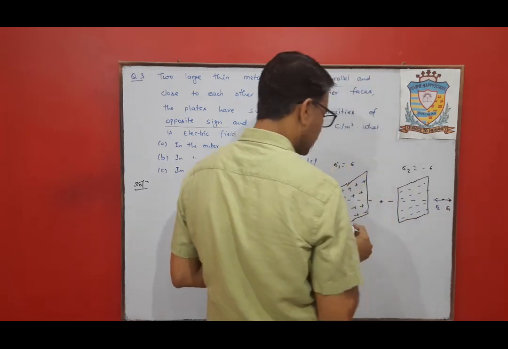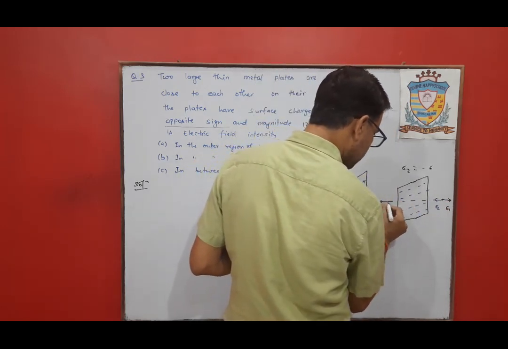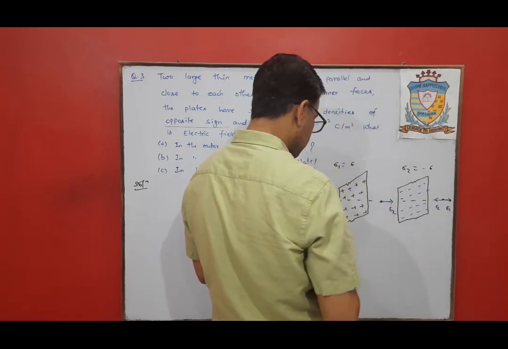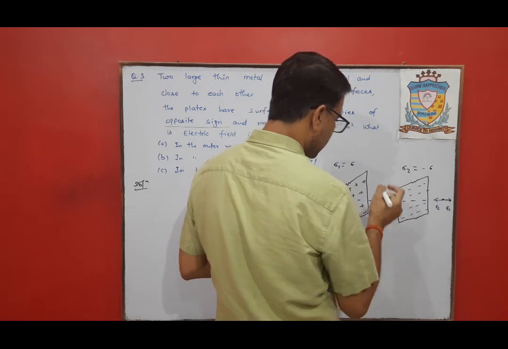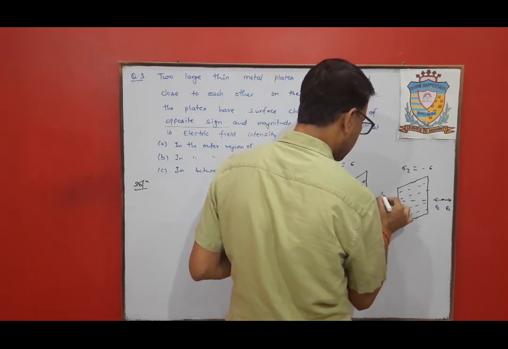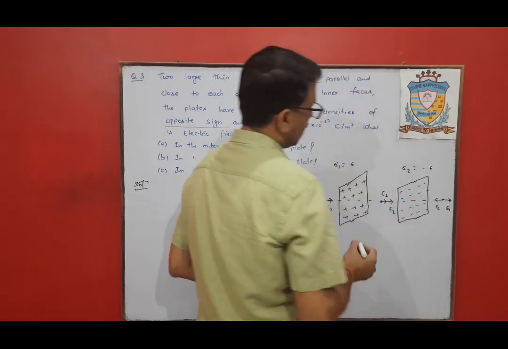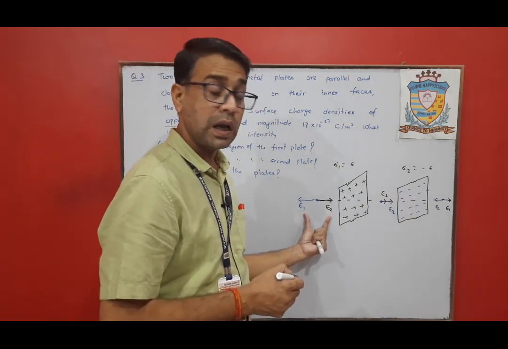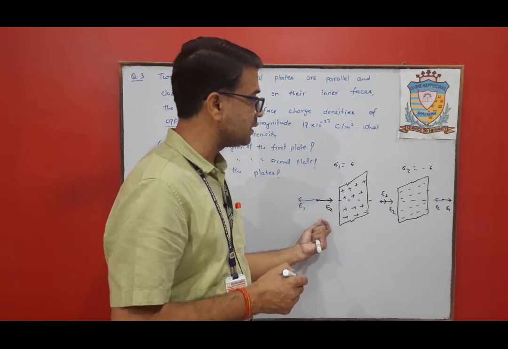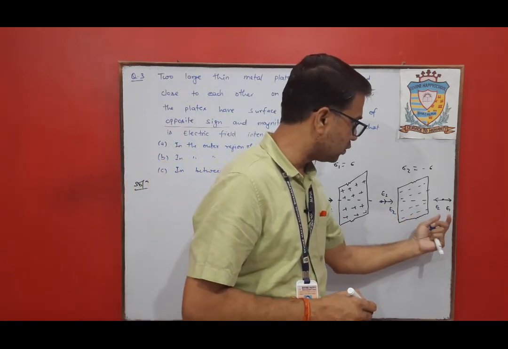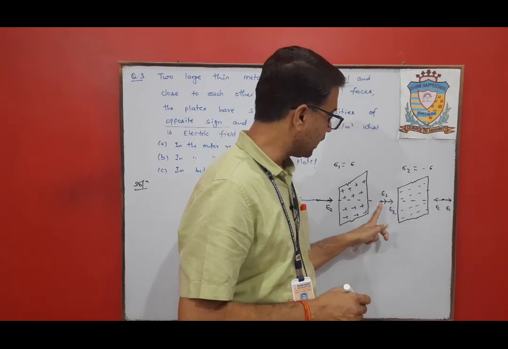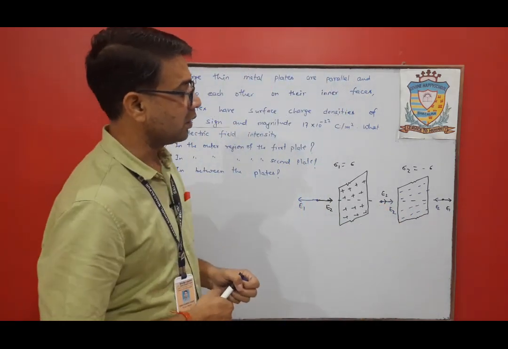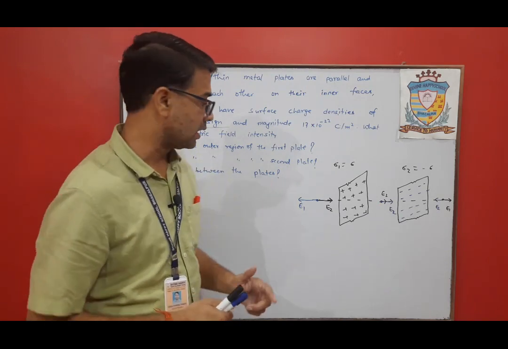In between, due to this plate, the direction will be inward, that is E2, and due to this plate again it is the same direction, that is outward. So if these two are equal, these two will cancel each other. Here at this point these two will cancel each other, but here it will be double the electric field intensity due to one single sheet.